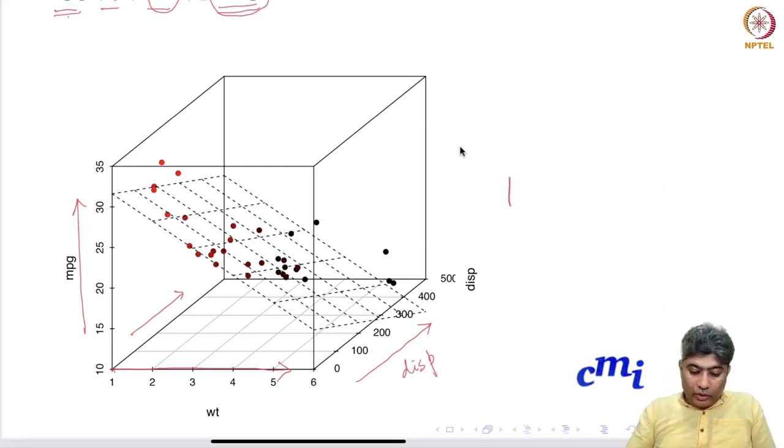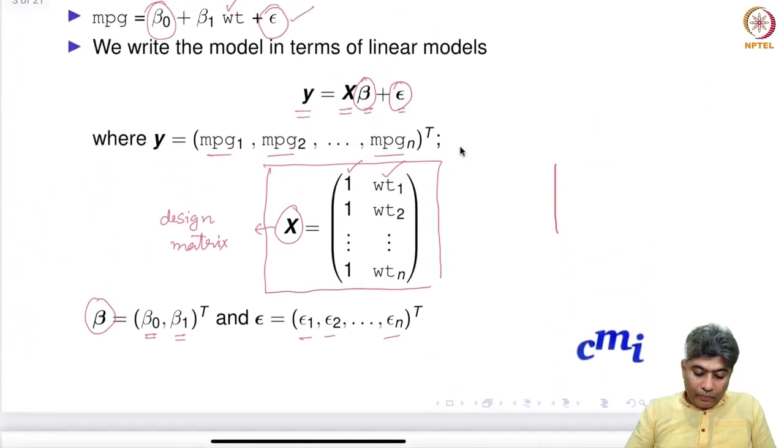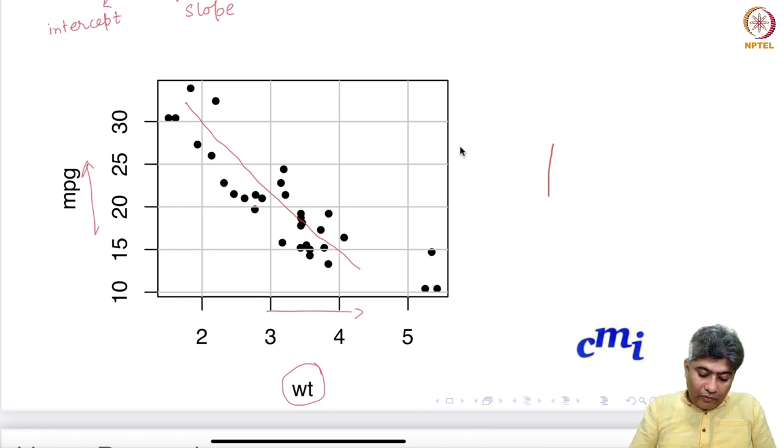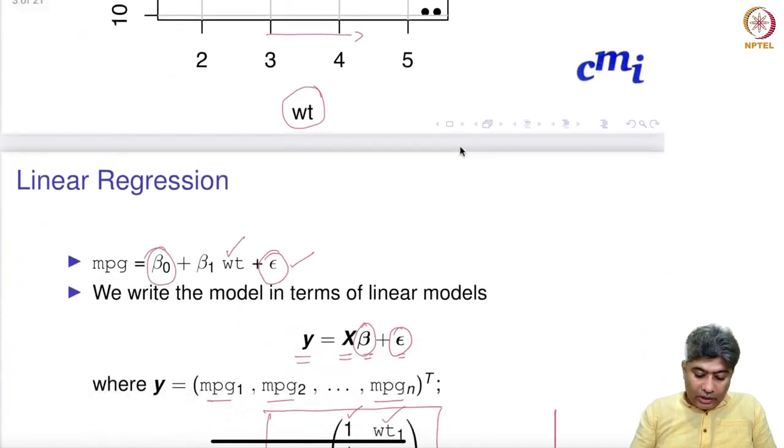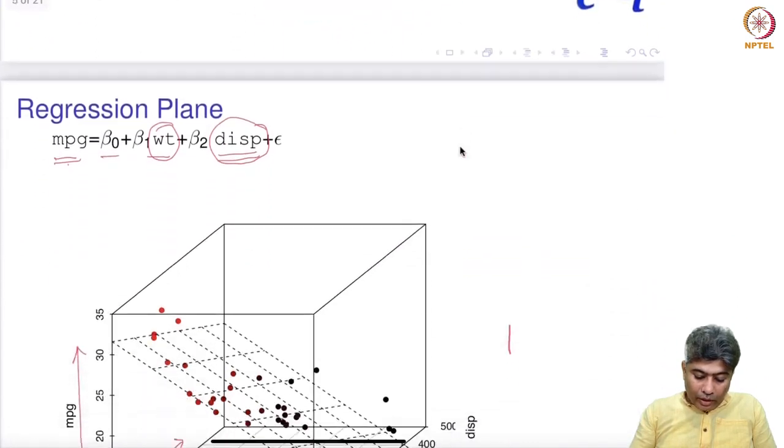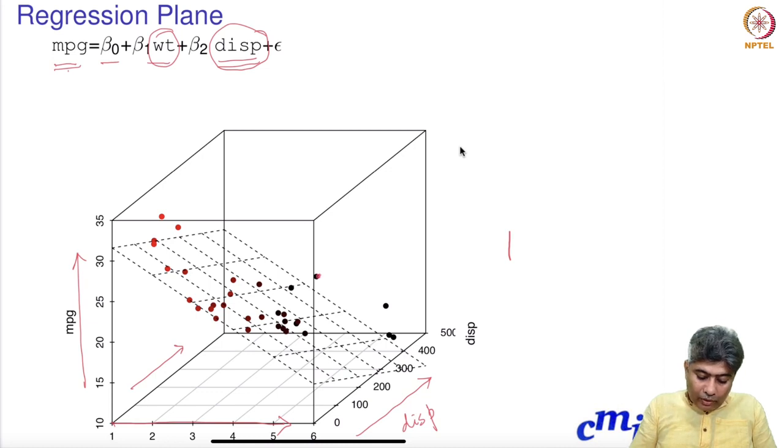So the points which were previously in 2 dimensions, suppose this is the ith point, it will be mpg i comma weight i, a tuple of 2 dimensions. Now we have a third variable, so this point is mpg i, weight i, and displacement of the ith sample as the third value.